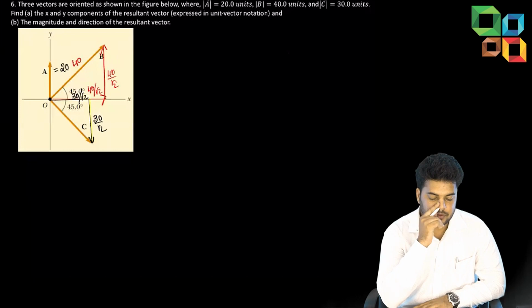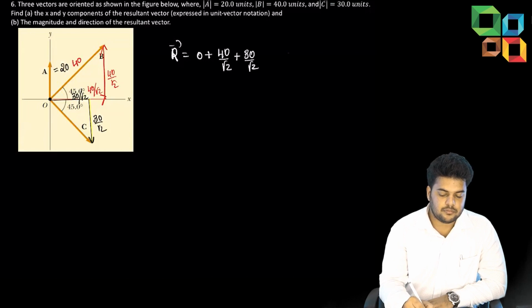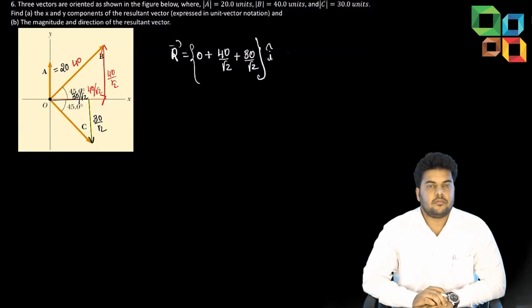What are the total x components? A vector has 0 x component, plus the B vector has 40 by root 2 x component, and the C vector has 30 by root 2 as the x component. So this is the x component.